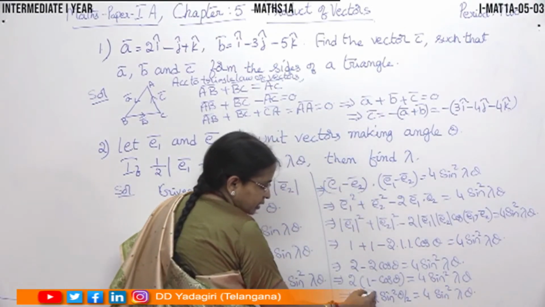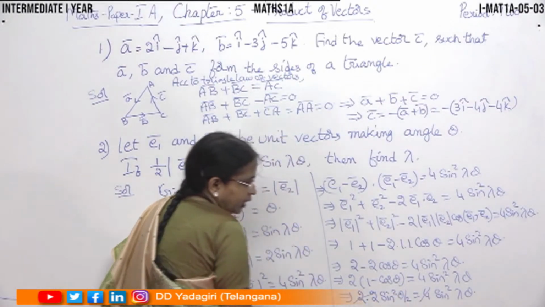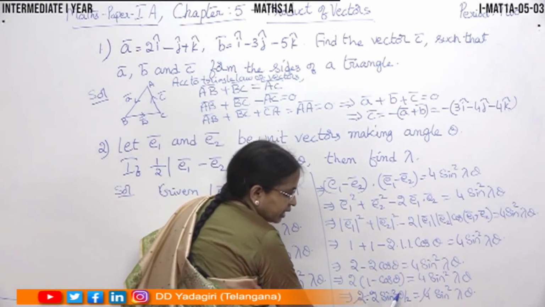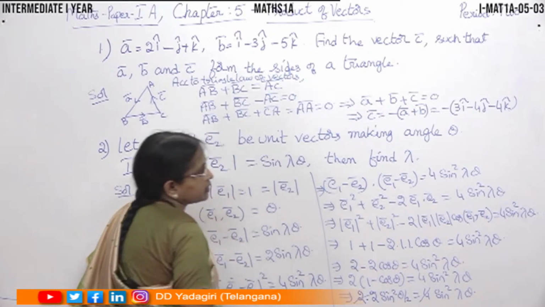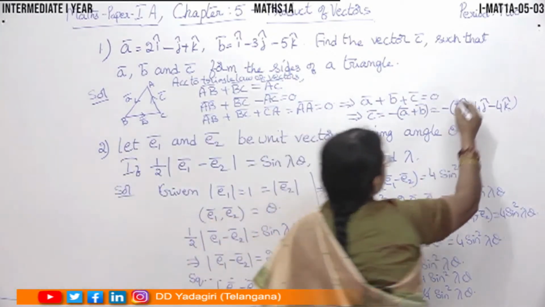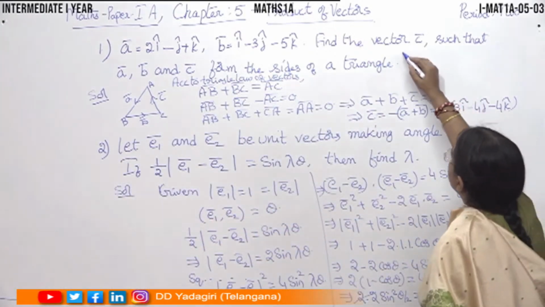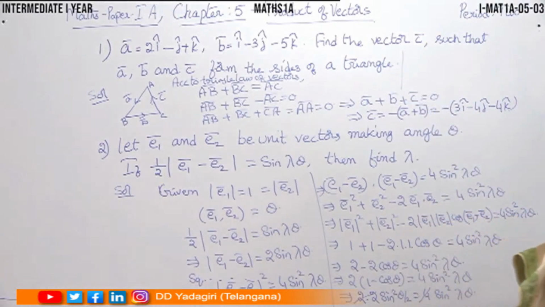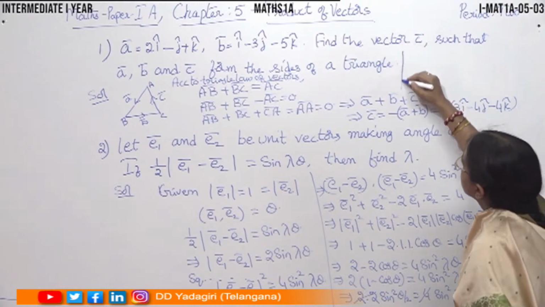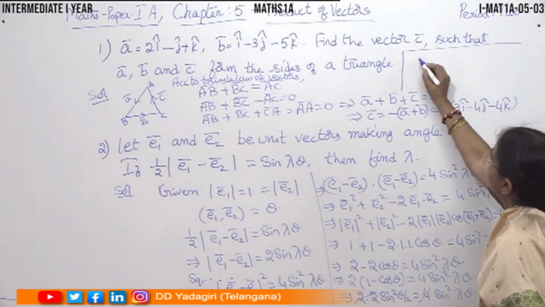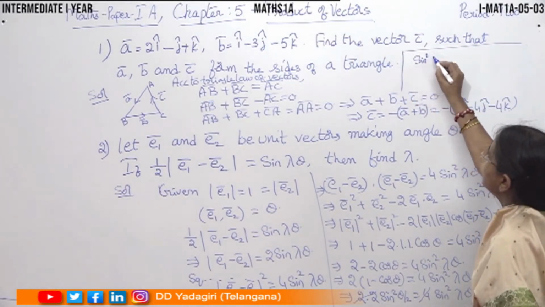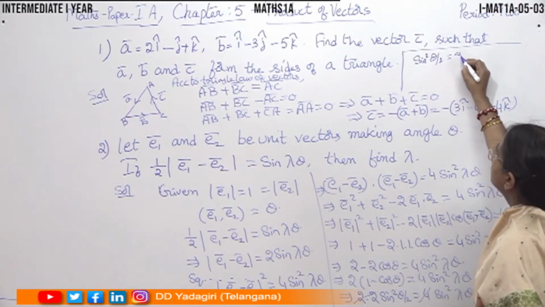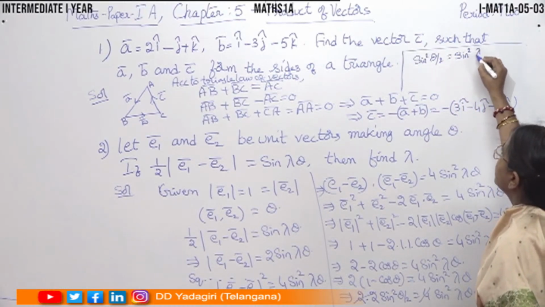So when you cancel this 2 and 4, this is sine square theta by 2 is equal to sine square lambda theta by 2. So you have sine square theta by 2 is equal to sine square lambda theta by 2.